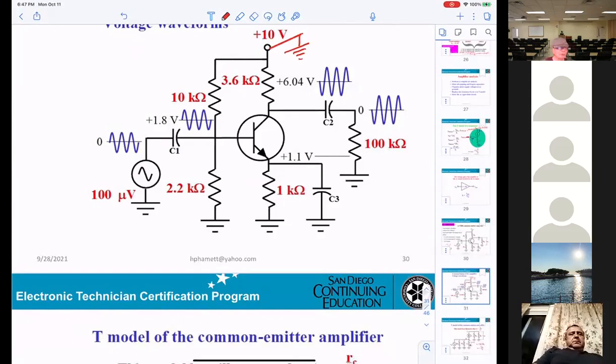For the AC model, DC voltage will be grounded. So at the collector right here, first thing, the capacitor will be shorted. Okay, shorted. So if you're looking at the collector, what do you see? First thing I can see, I can get the RC right here.